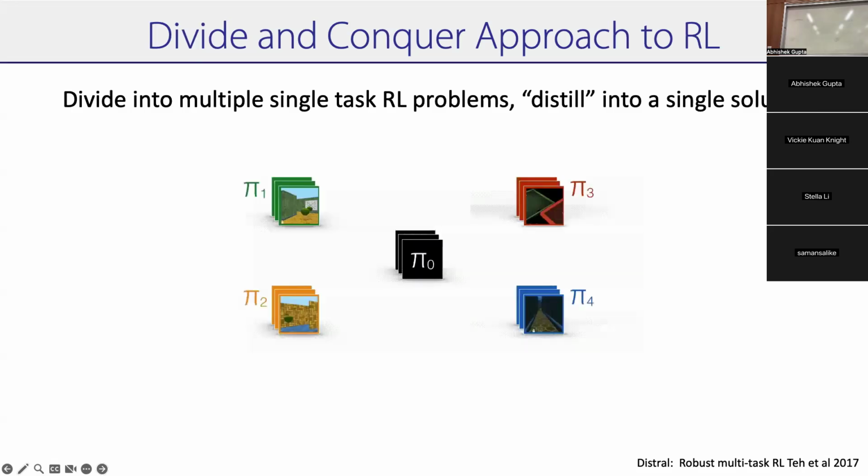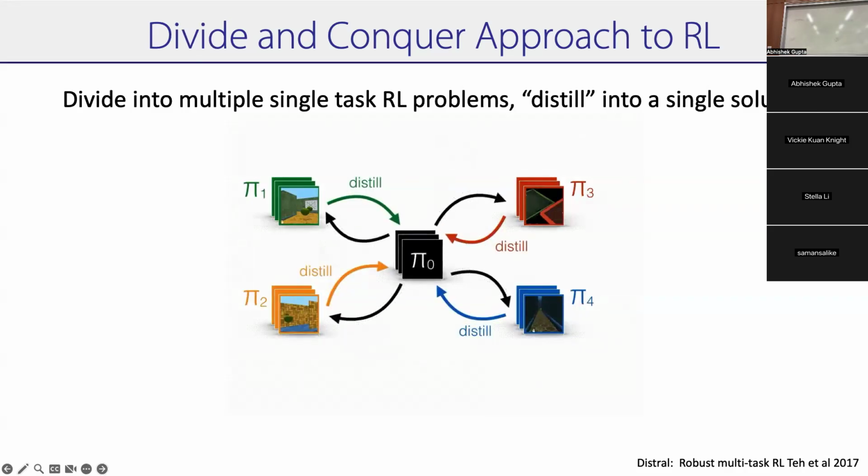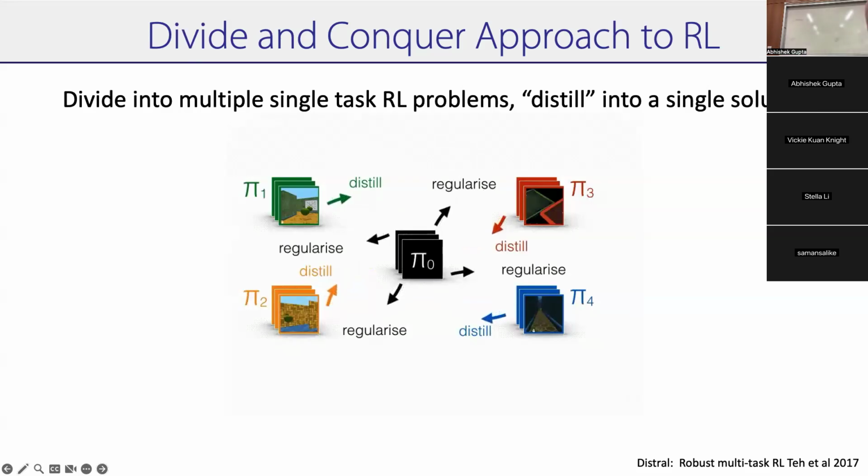Okay? And so this is a nice graphic I stole from some folks at DeepMind. But basically they say, you have 4 different types of environments. You're going to learn a single task policy on each of them. And so you're solving a single task RL problem, and then you're trying to distill this back into a single multitask policy with supervised learning. Okay?